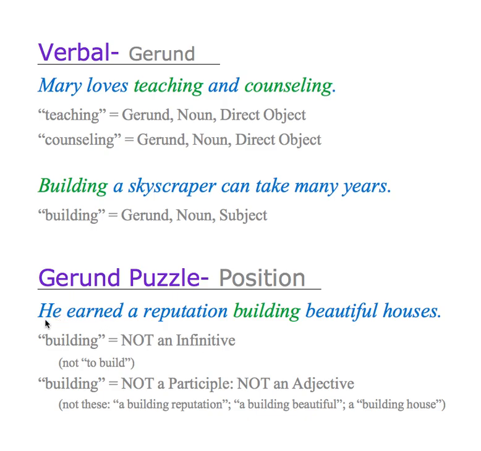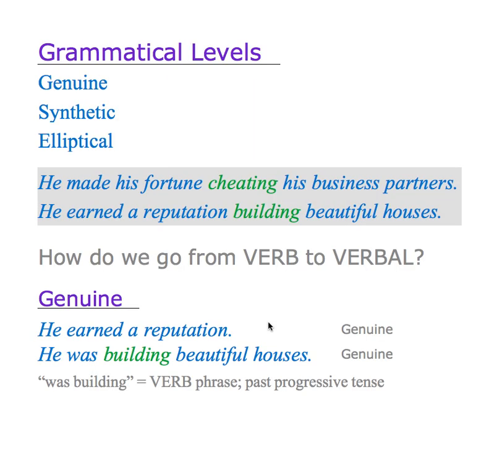We have something we need to figure out because we need to know what this is and why it's this way. All right? So when I do studies and I analyze grammatical structures, if you've seen my videos, you'll know that I use my own system. I have levels, sentence levels, grammatical levels, and they are genuine, synthetic, and elliptical.